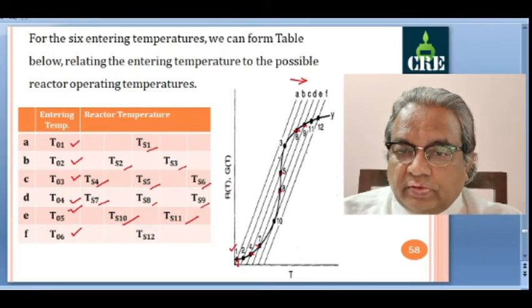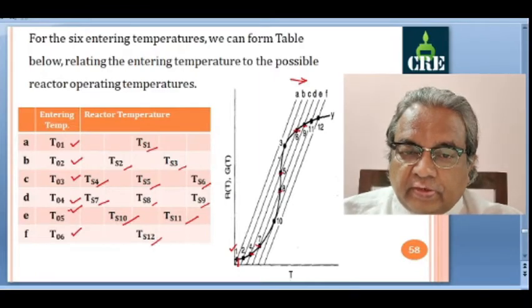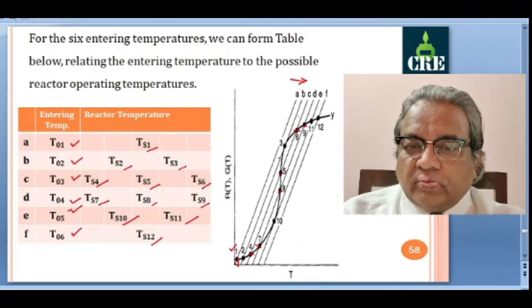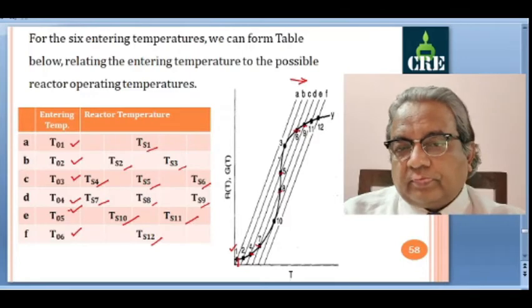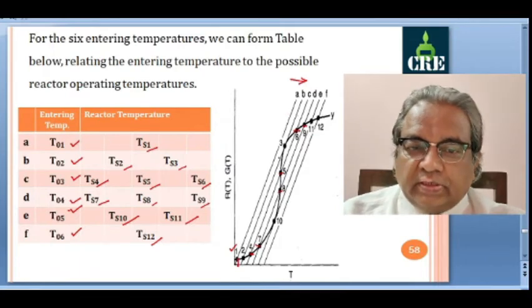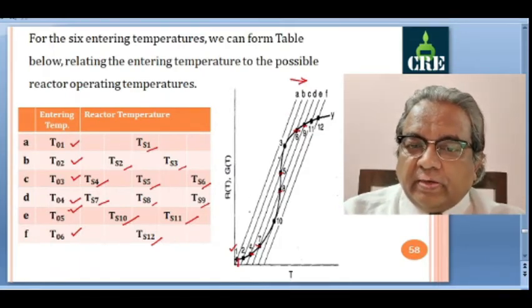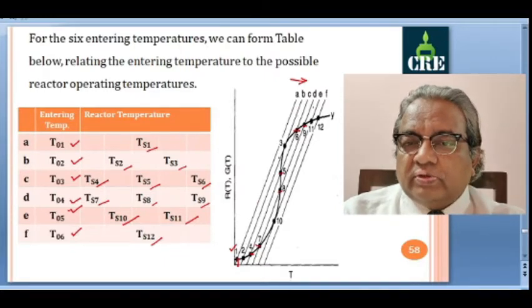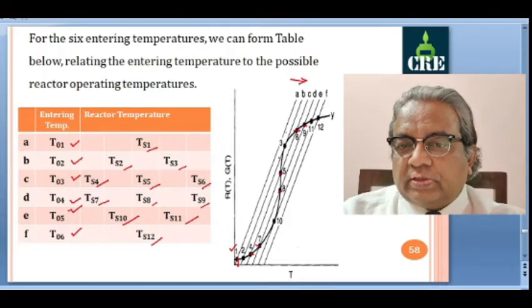And if you move further, for this line F, the removal term, there is no intersection in this direction. This curve is not passing in this area. So only one steady state, Ts12. This is just a representation of the possibilities of multiple steady states that will vary with the nature of this generation term, this curve. It will change, and as you proceed further, it is not necessary that this pattern will be followed. You can have a number of temperature values and a number of such lines. So it is showing just a representation.